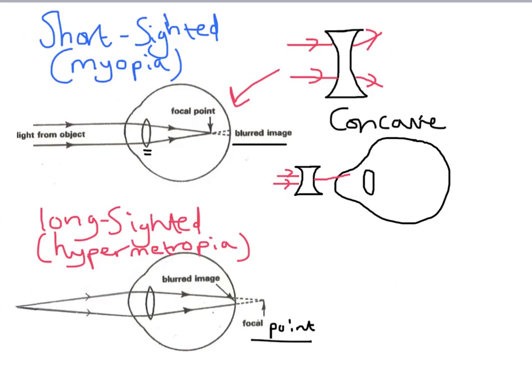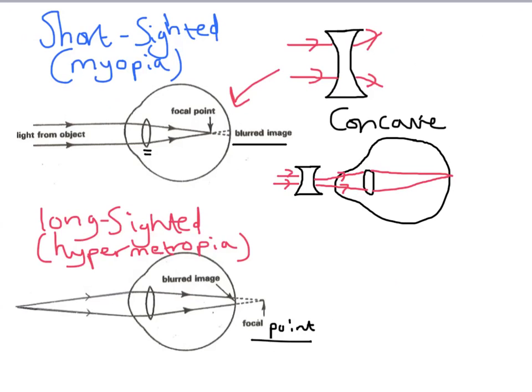Then that light would be pushed out a little bit more, which would give us a bit more time to then focus that light directly to the back of the eye. And that's how we treat short-sightedness.